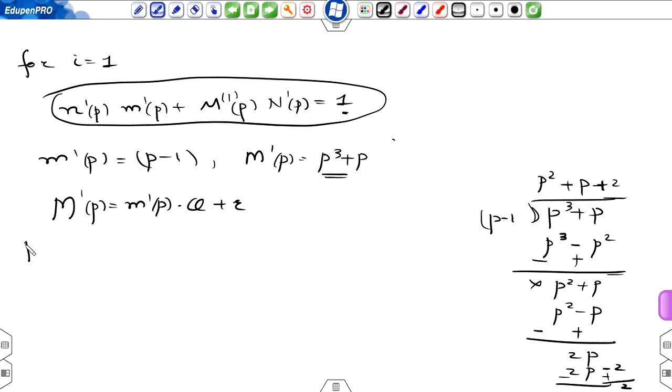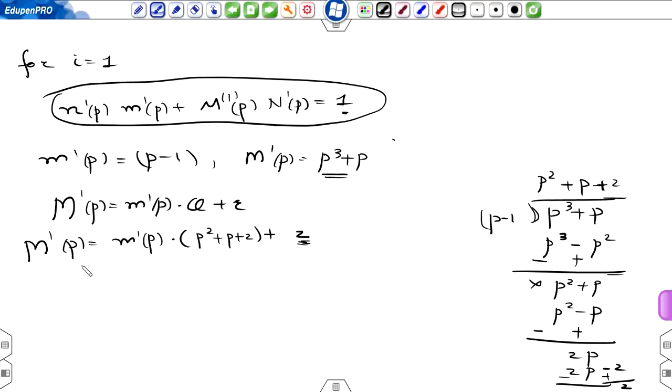So capital M1p is small m1p, quotient is p square plus p plus 2 and remainder is 2. This remainder is not a function of p, so I have to stop at this point.